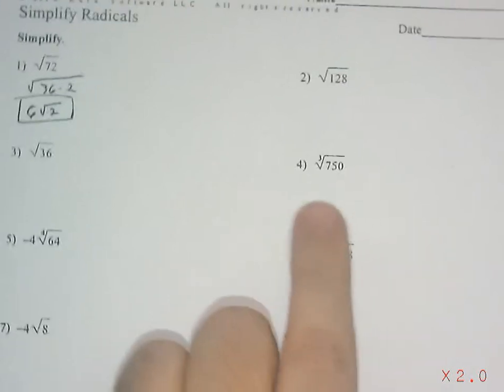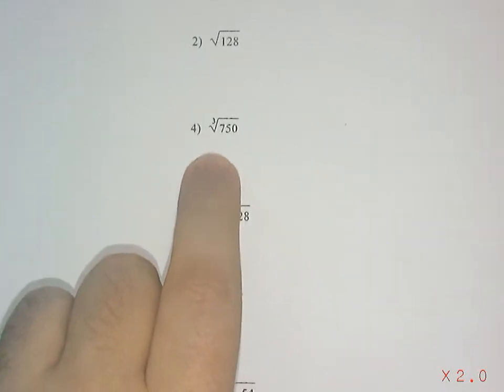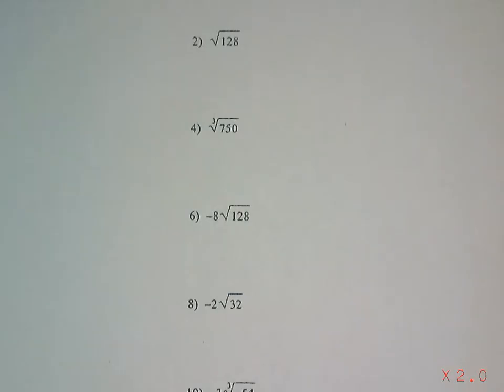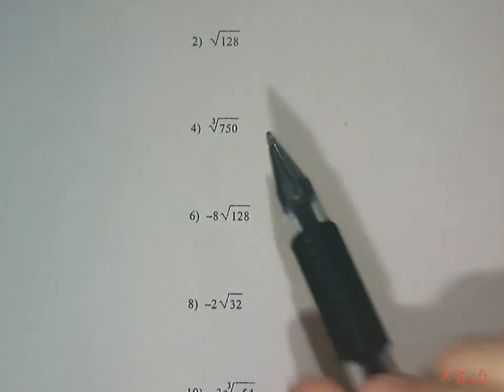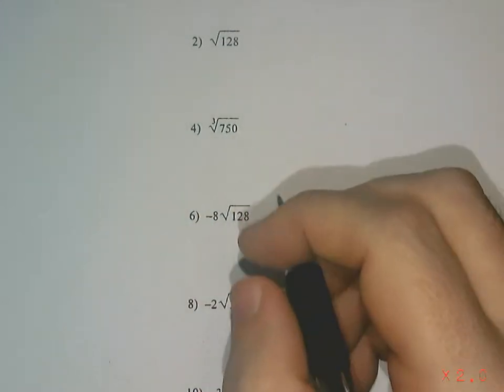So let's do a cube root now. These are numbers where you're looking for a number that multiplies by itself 3 times to get close to that number. And again, you're not going to get too close to it. It's 750, so let's try looking at 5s.